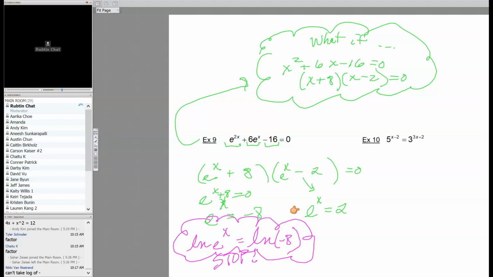This side will give me a solution. But I can stop right here. That cannot be negative. But this one is fine. ln e to the x equals ln 2. That means, and those have the effect of canceling, x equals the natural log of 2.